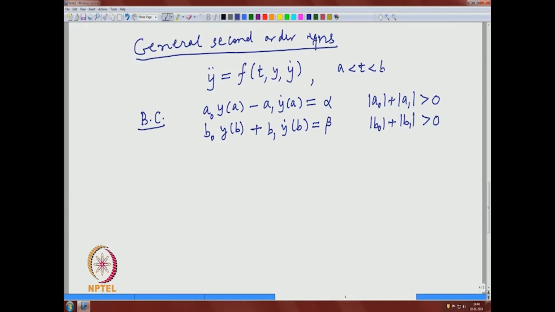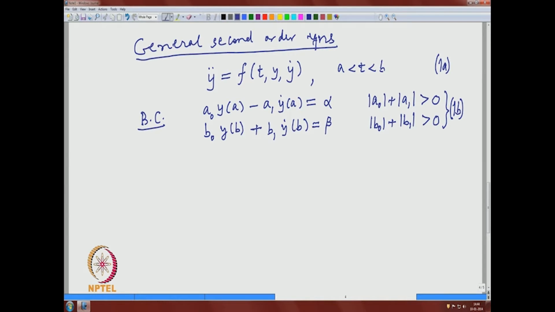So, now we will discuss this. Let me put some numbers here. This is 1a and the boundary conditions 1b, and the whole thing together is called problem 1. I would like to discuss the existence of a solution to this problem 1.